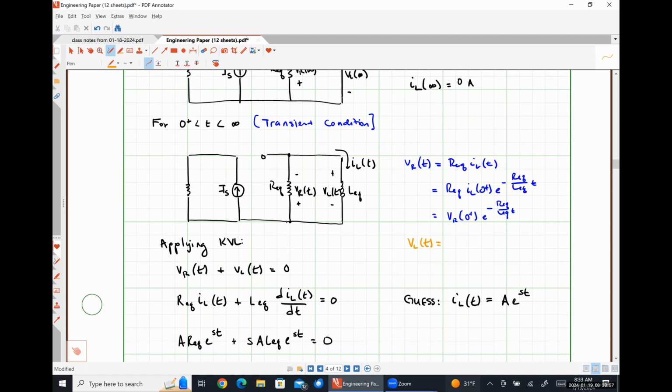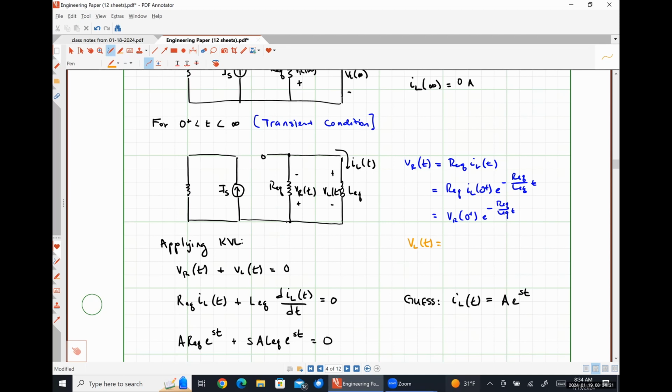What's the voltage drop across our inductor going to look like? Anybody have any thoughts on that? So I believe, and hopefully we can all see this, that our resistor and our inductor are in parallel. We all okay with that?